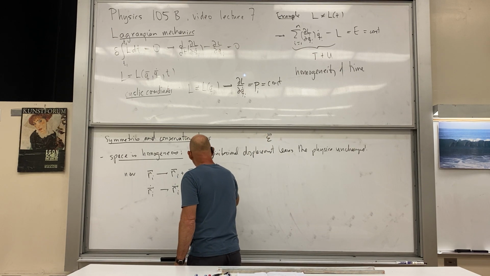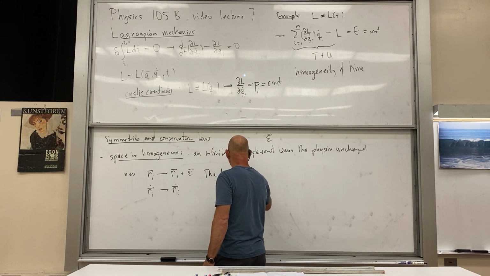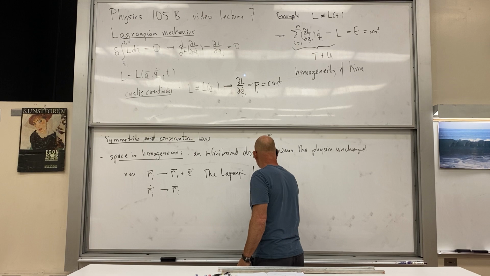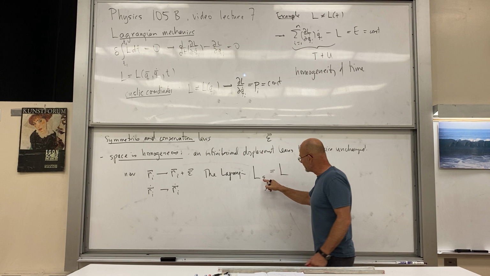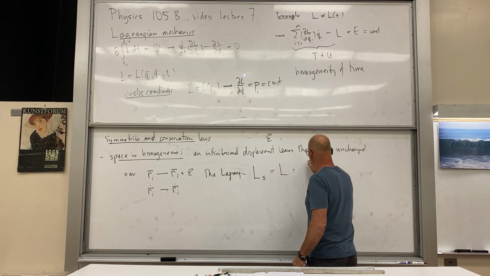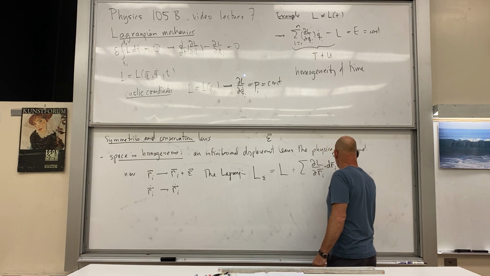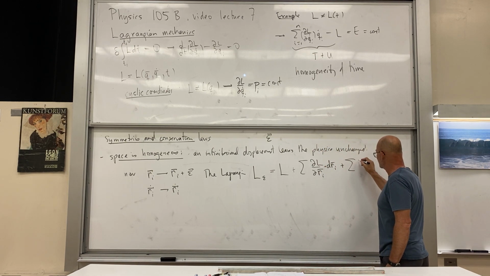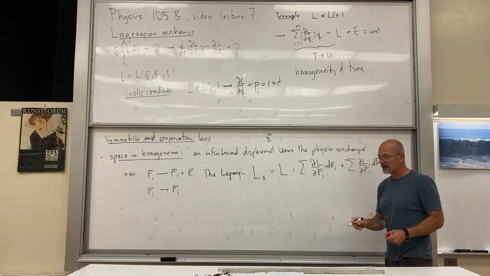Okay. What we do is look at the Lagrangian L_epsilon is equal to L when epsilon is equal to 0, plus now we do a linear expansion. So we can say plus the sum of ∂L/∂r_i times δr_i plus the sum of ∂L/∂ṙ_i dotted in δṙ_i. So that would be the linear expansion.